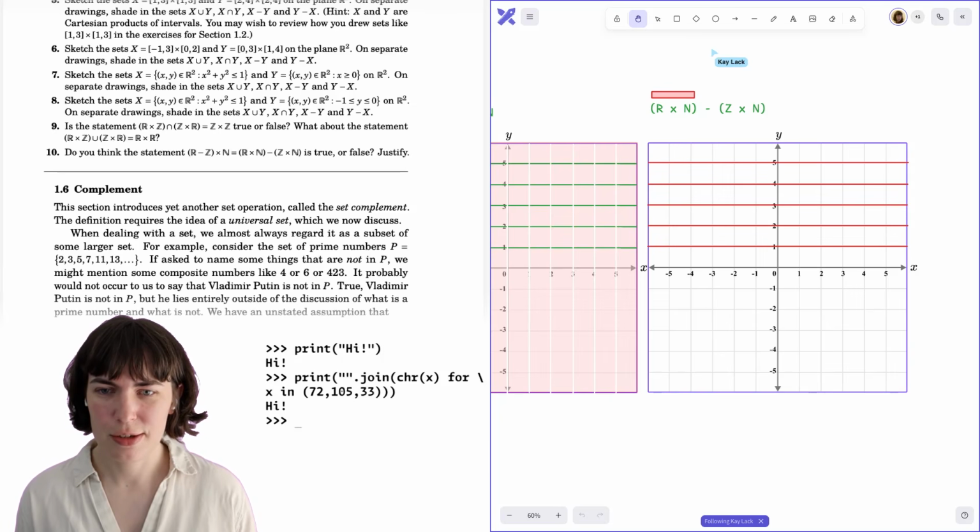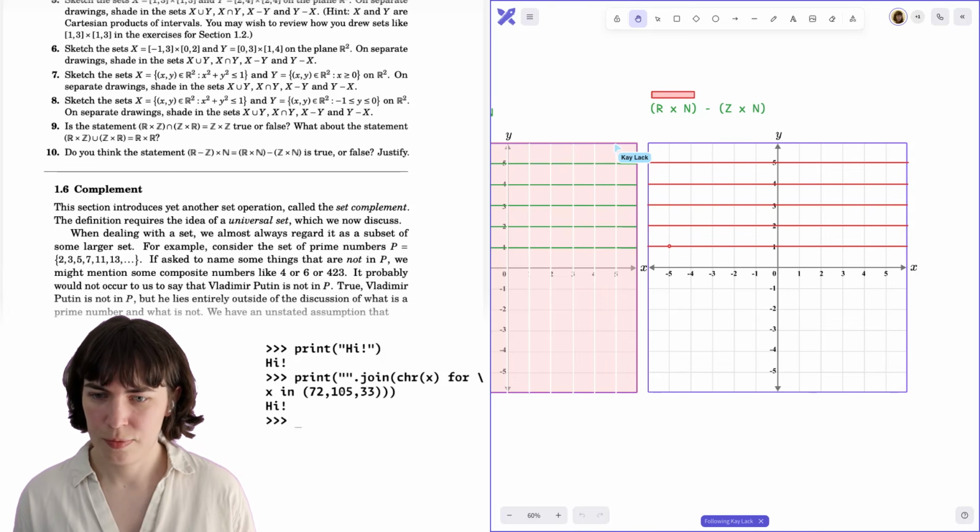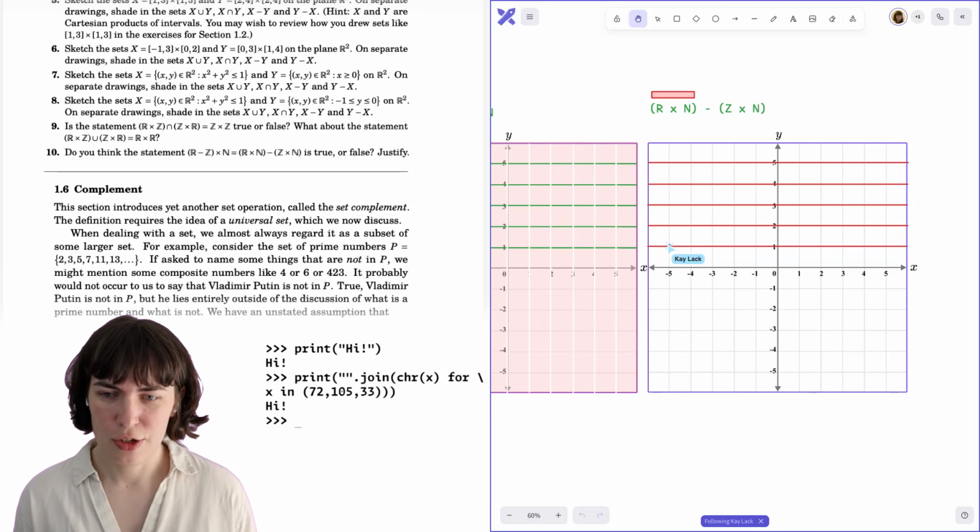That's going to be points. So that's going to be this. Natural numbers on the y, integers on the x.